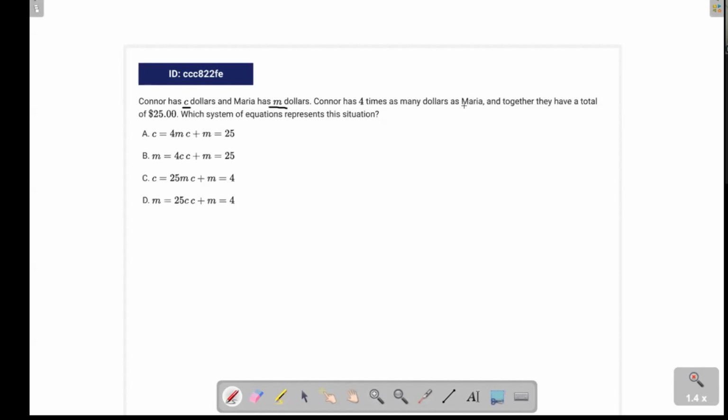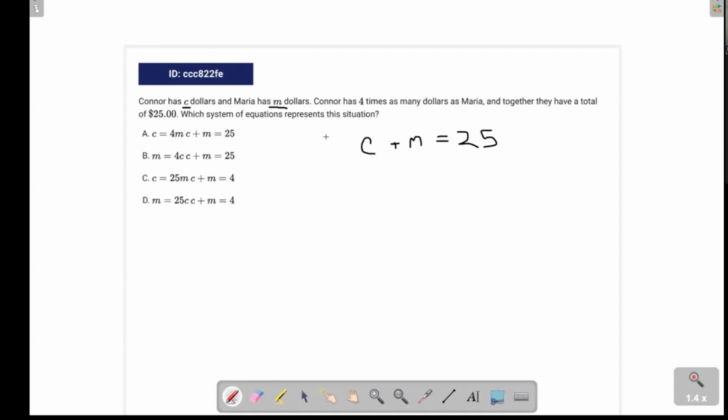So when we do the equation, everything is going to have to equal 25 because that's the total. Our total amount is 25, and that's going to equal the combined amount of money between Connor and Maria. Maria is going to have M dollars, and Connor has C dollars, but he has 4 times as much as Maria.